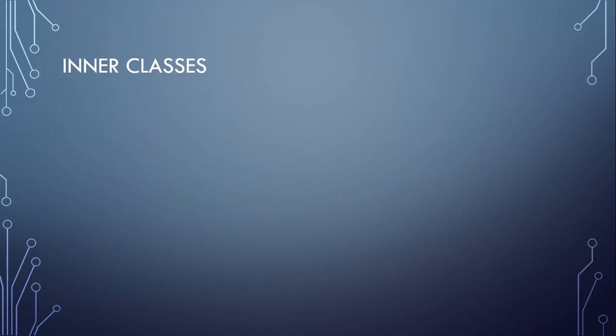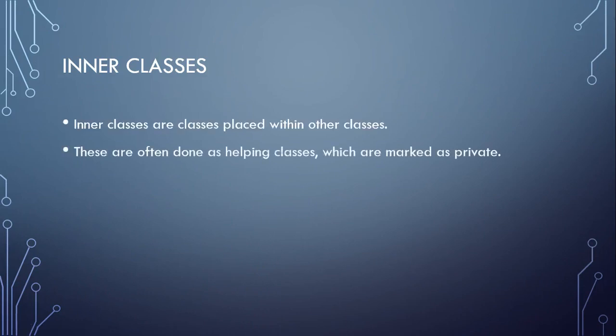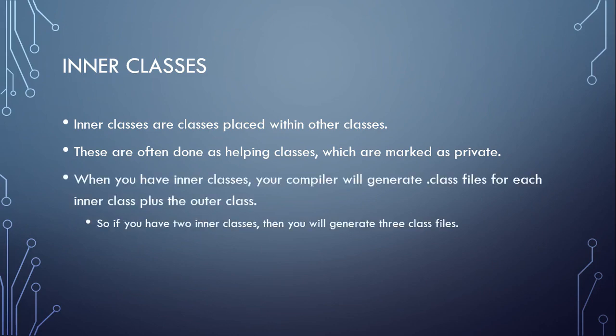Now with inner classes, these are classes placed within other classes, and often you'll see these kind of fulfill the role as like a helping class, in which case they are marked as private. When you have inner classes, one thing you have to remember is that your compiler is going to generate .class files for each inner class plus the outer class. So for example, if you have 2 inner classes, then you'll have 3 class files.